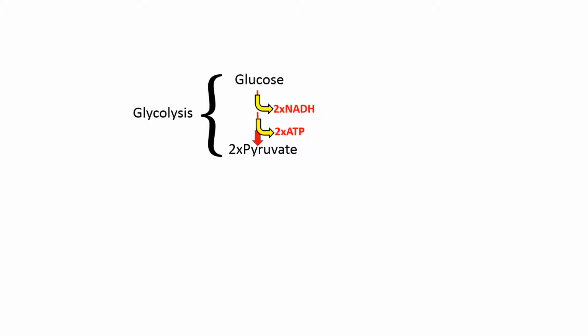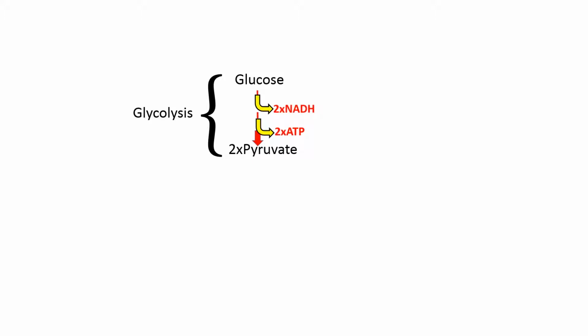ATP is a molecule that provides phosphate or energy to many endergonic or energy requiring biochemical reactions, allowing those reactions to proceed. Without ATP, those reactions would not occur, and a cell could not remain alive.